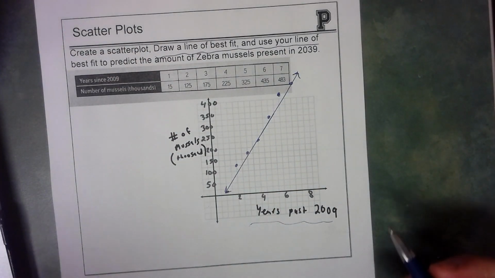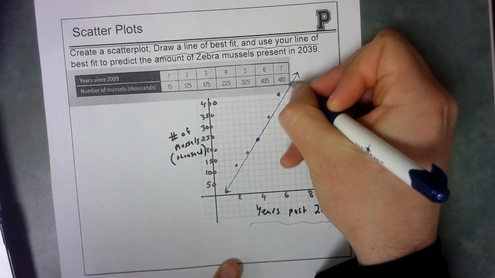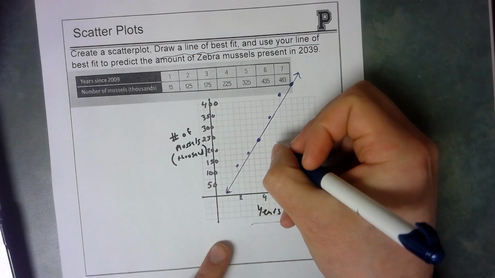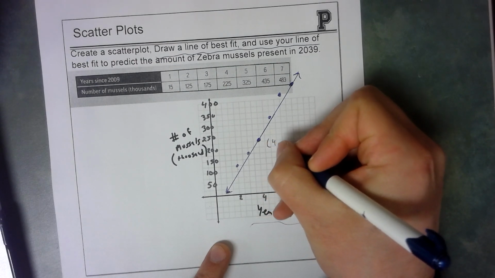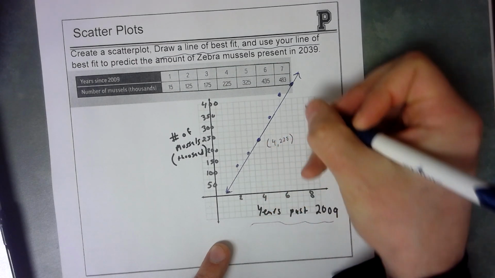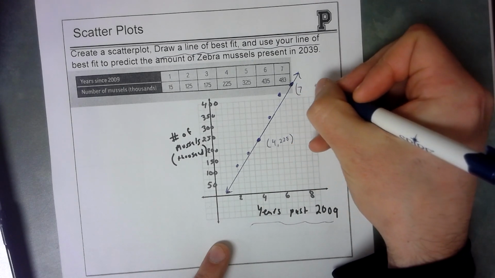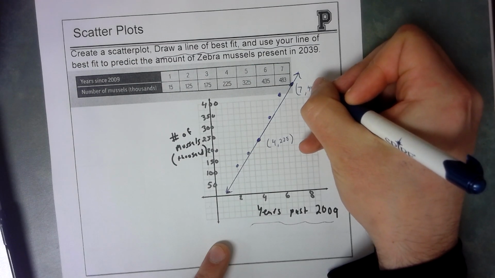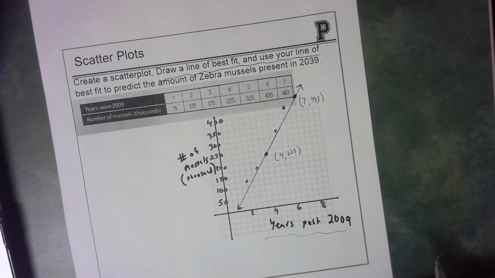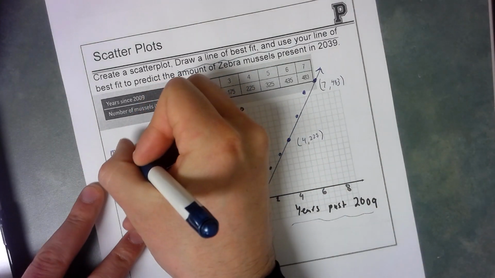Once you've got your line of best fit, again, pick 2 coordinates that occur on your line. Choose them as your X and Y. So this is going to be after 4 years, 4 and 225. This one up here looks like this is my 7 and 483. All right. To write our line of best fit, we first start with slope.